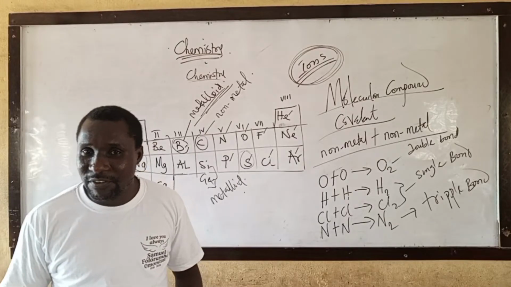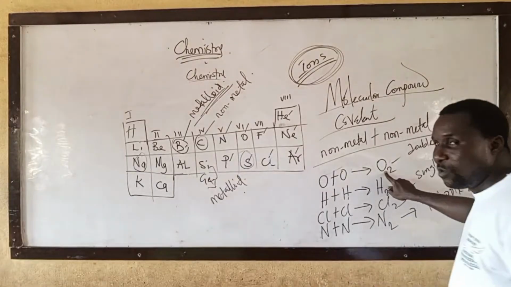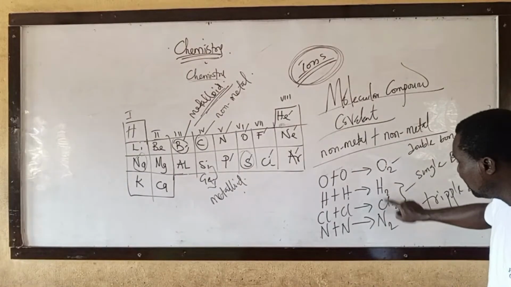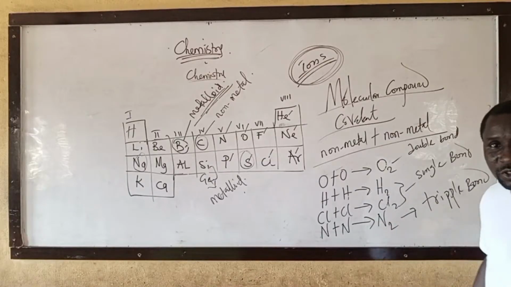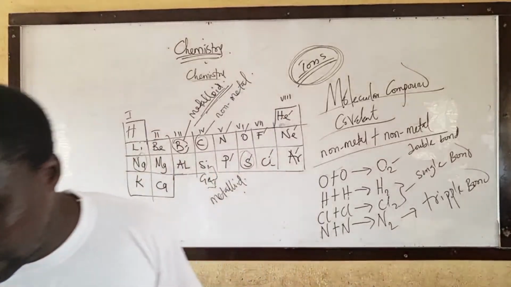I will give you everything, but not now. Trust me. What kind of covalent bond is in oxygen gas? Double. Chlorine, single. Nitrogen is triple. When we get to that topic, you will understand better.